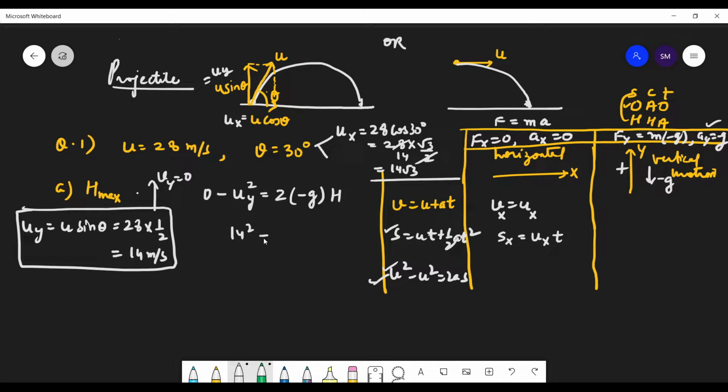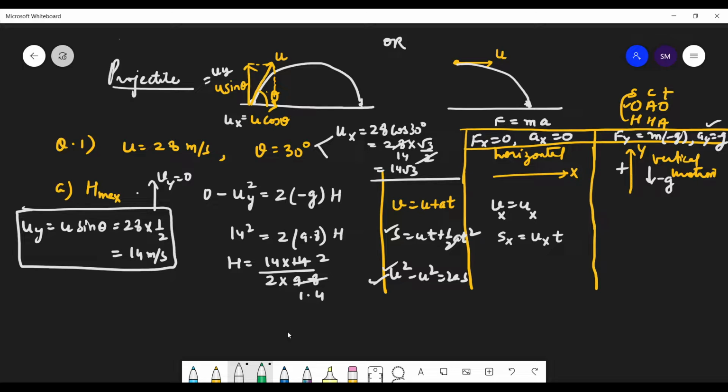Multiply both sides with -1, and 2 into g will be taken as 9.8 into h. So this h is equals to 14 into 14 divided by 2 into 9.8. So this 7 times 2, 14, and 7 times 7.